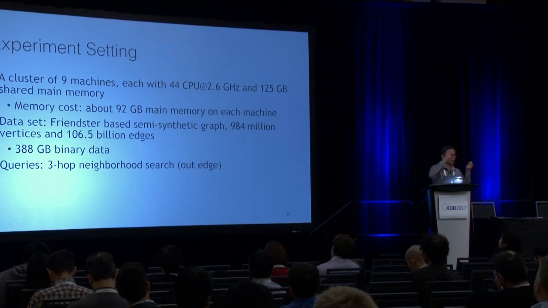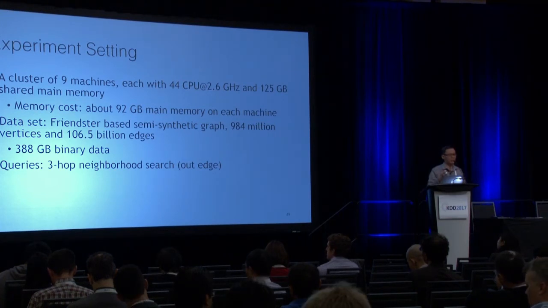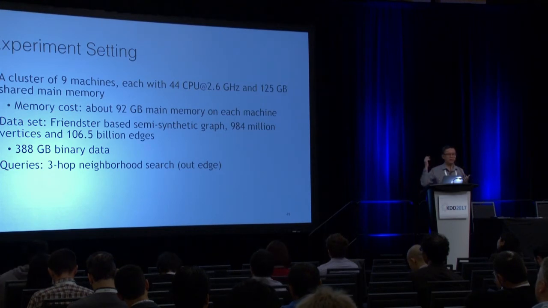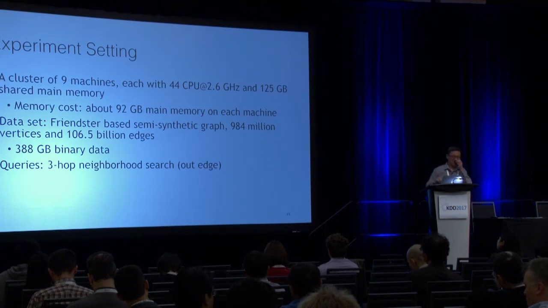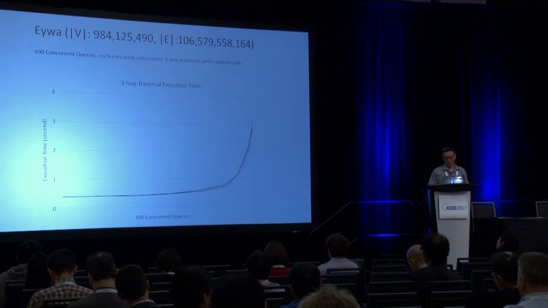So we retrieve all of those. Why do we do this query? Because many queries in the graph involve path search. Right? If you think about what we did in the pooling process, essentially you just look at the neighbors, and neighbors of neighbors, right? So that is the reason we use this as a benchmark query.